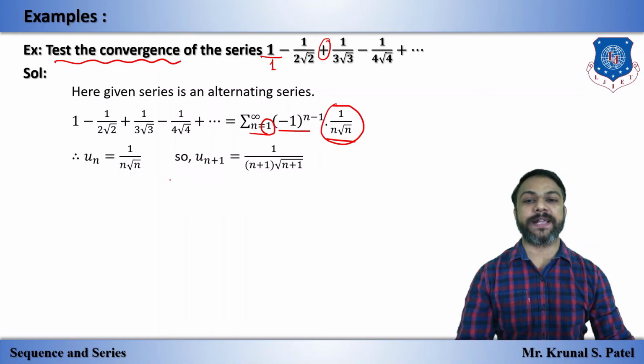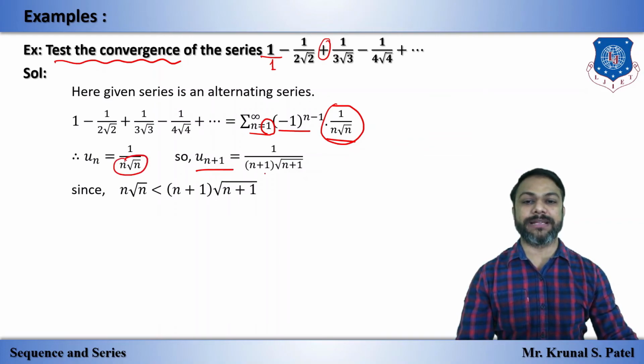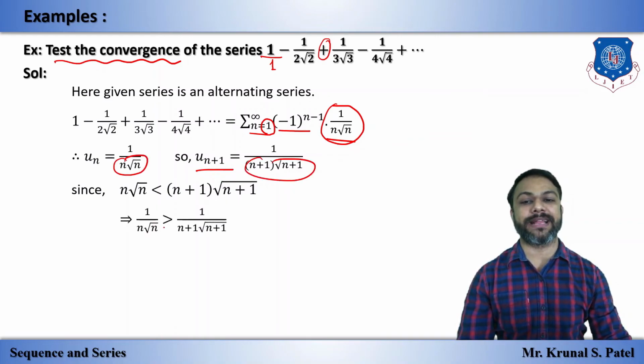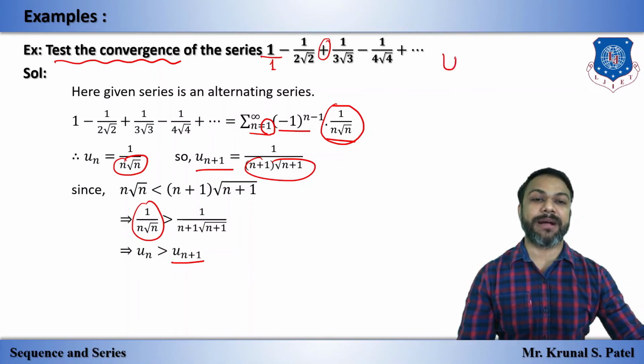Now we have to check u(n+1), which is this. As we know, this term is less than this term, and by taking the reciprocal, u(n) is greater than u(n+1). Or, as I told you, you can check by this logic also: u(n) minus u(n+1) is greater than 0.